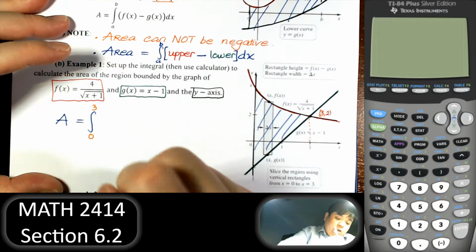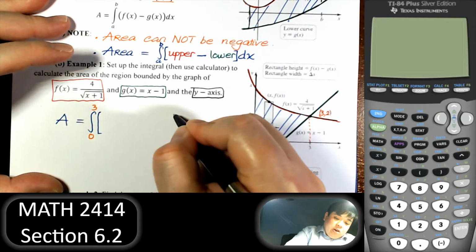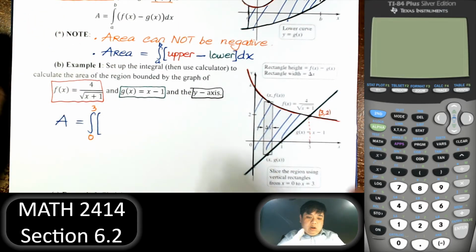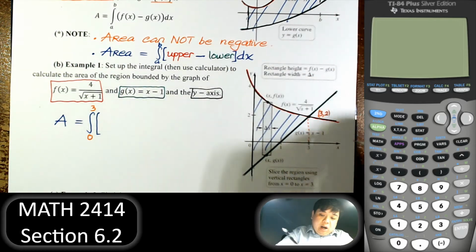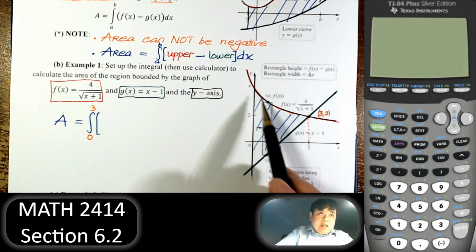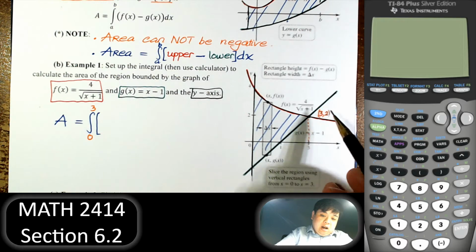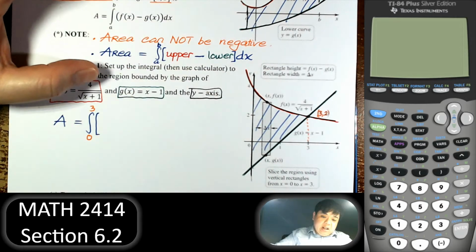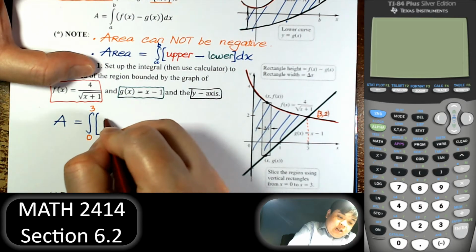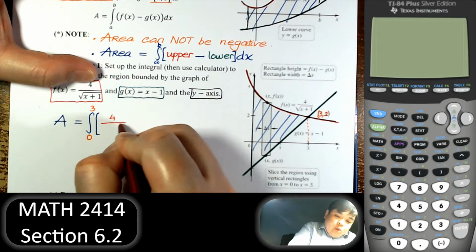And then we just have the function that is above minus the function that is below. So when we look at this, of course the one above is the curve, the one below is the line. So the function above is 4 over square root of x plus 1.